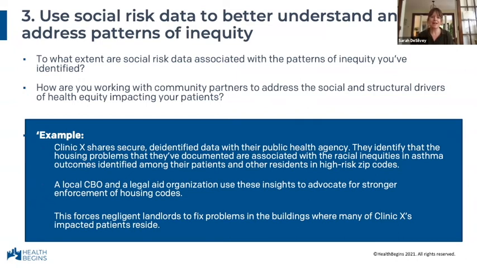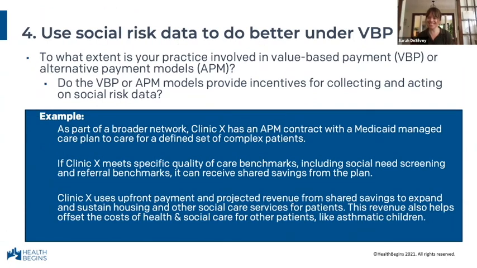So whether it's medical legal partnerships such as the CBO and the legal aid organization, or working with your community action agency, there really is no way to address the actual cause until you reach out of your clinical setting and collaborate with individuals outside of the clinical ecosystem, even if your clinical ecosystem is the school.